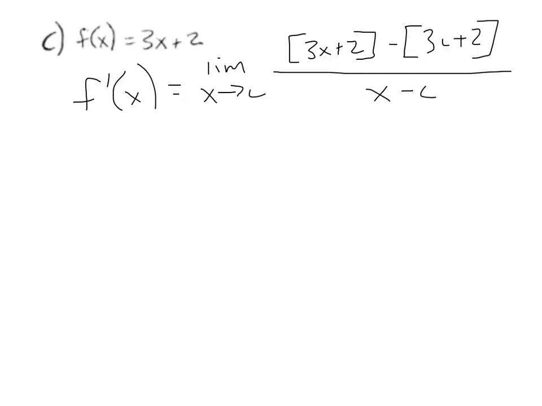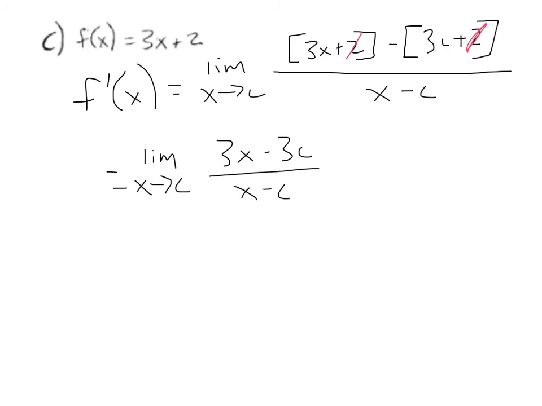What I do notice is that if I were to simplify this, here we'd have a plus 2, here we would end up with a minus 2 because we have to distribute the negative symbol. So that's going to simplify things a little bit. I'm left with the limit as x approaches c of 3x minus 3c over x minus c.